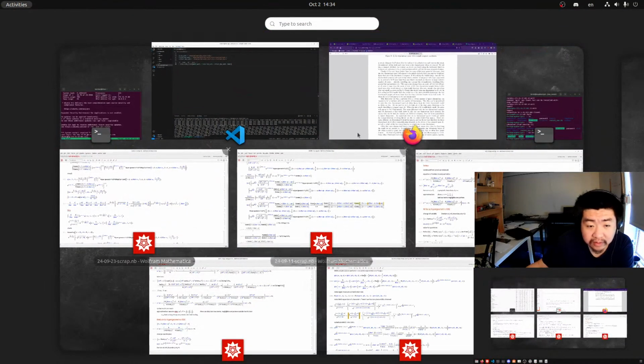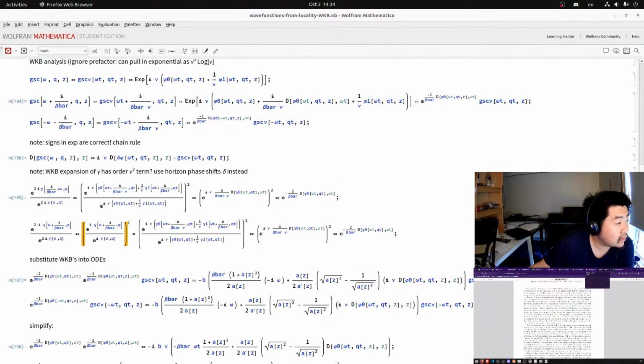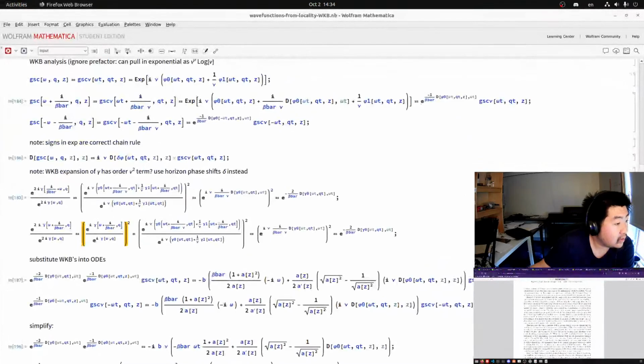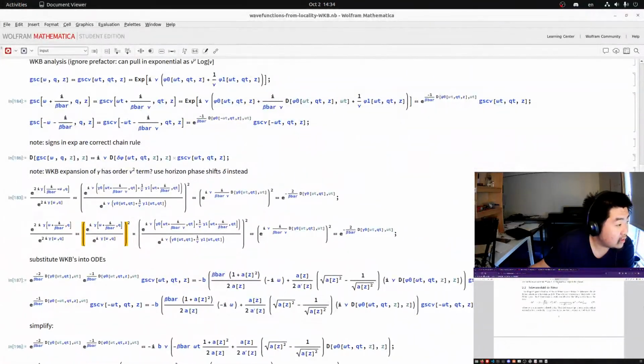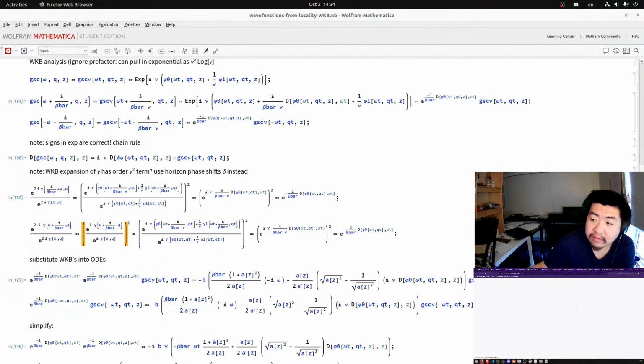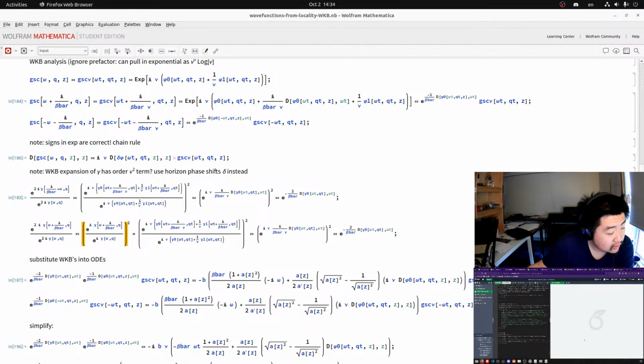Where is my, this one? I thought it would be that one. Where's Overleaf? Overleaf, all projects. Analyticity.